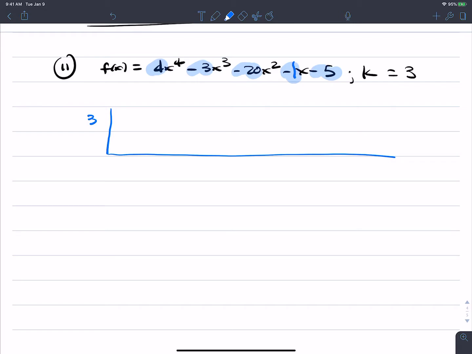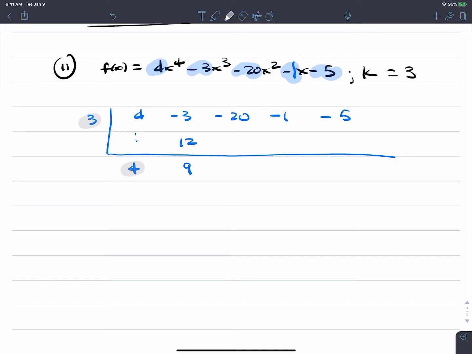So when I bring down these coefficients, we have 4, negative 3, negative 20, negative 1, and negative 5. So we're going to bring down the 4, and we're going to note that 3 times 4 will give you 12. Negative 3 plus 12 gives you 9, and we repeat the process.